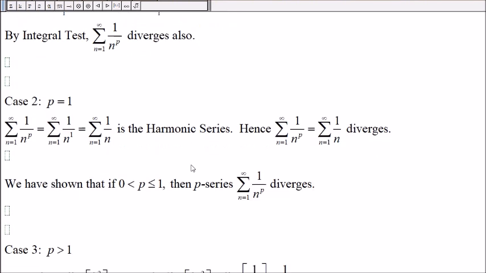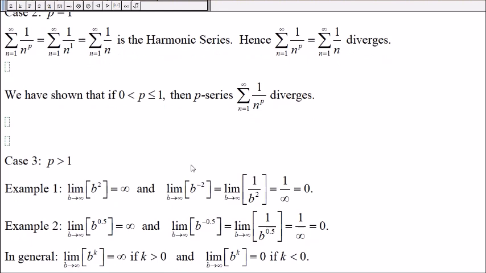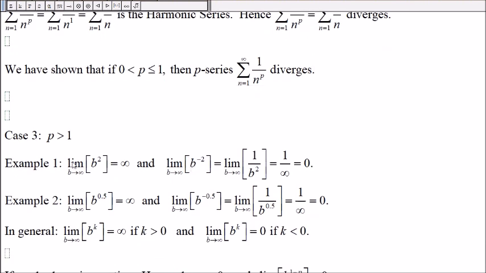Now let's look at the case where p is greater than 1. So let's look at some examples first before we get to the case with p greater than 1. If we have the limit of b to the positive 2 as b approaches infinity, then b squared will also approach infinity.